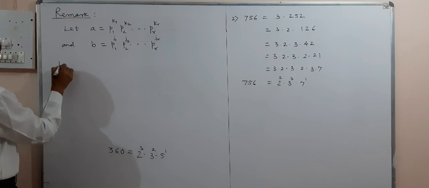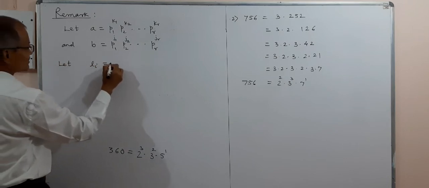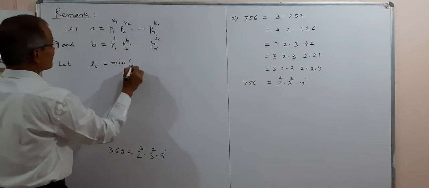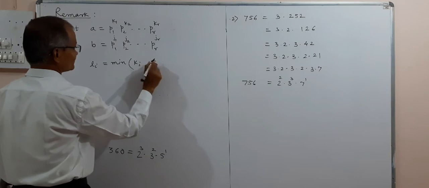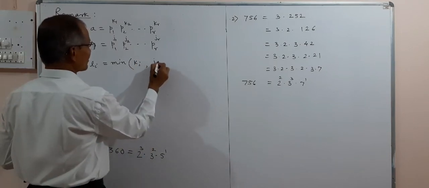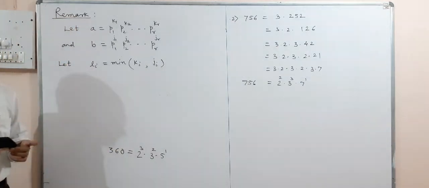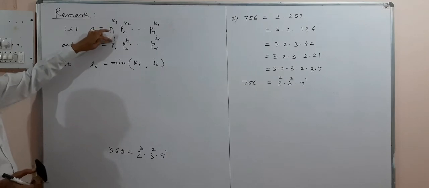And let further Li be the minimum of Ki and Ji. So the minimum power we shall consider. Li is the minimum of these powers or exponents.